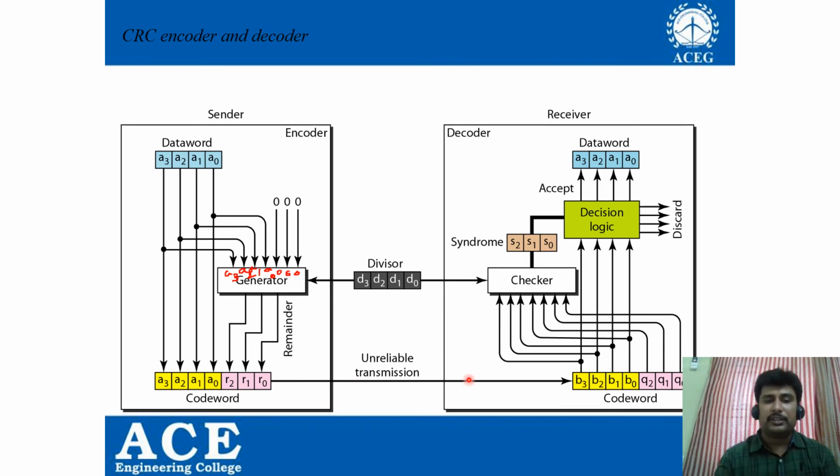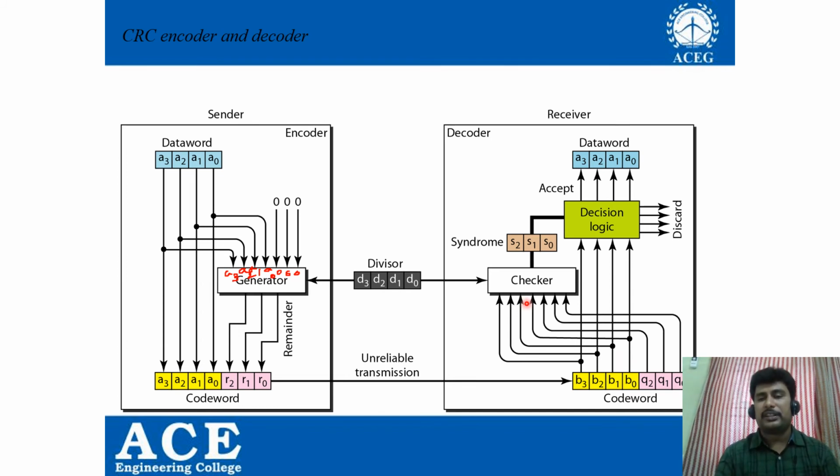Here these variables are referred to with the names B3, B2, B1, B0, Q2, Q1 and Q0. Whether the data is transmitted as it is or there is any error in the transmission can be identified by forwarding the received data to a checker circuit, where we use the divisor and again implement modulo 2 division.